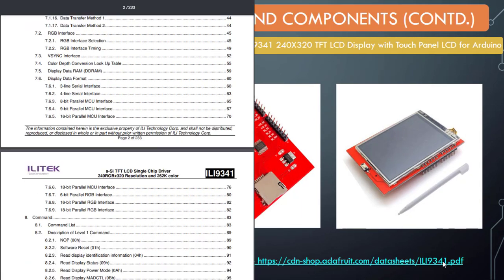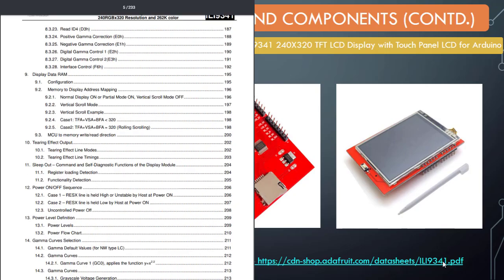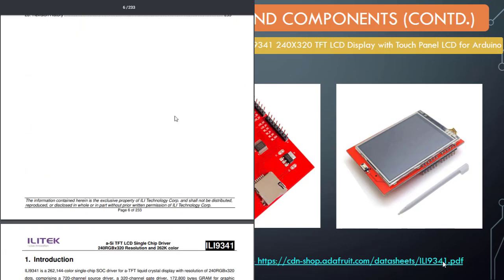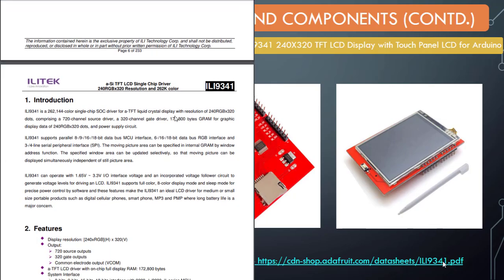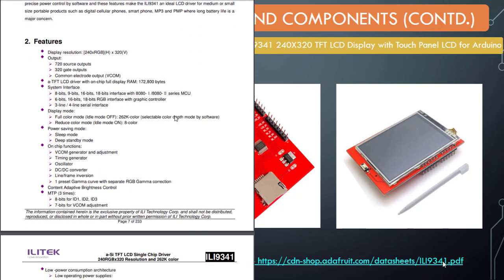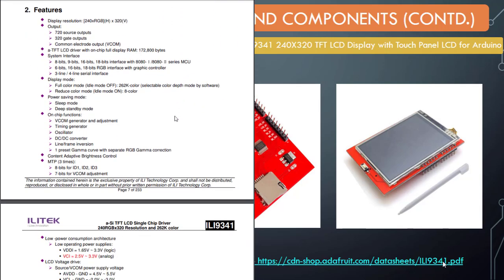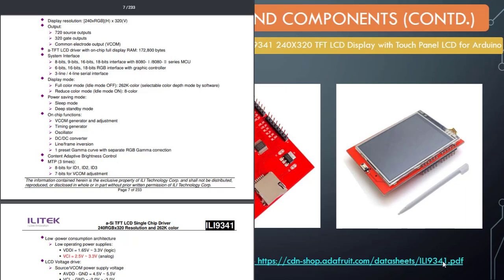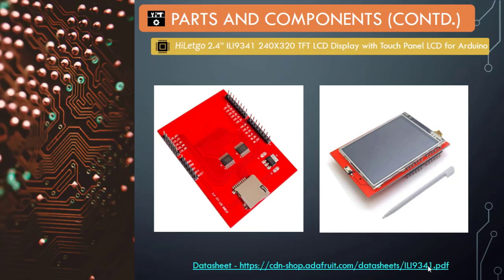It is comprised of a 720-channel source driver, 172,800 bytes GRAM for graphic display data of 240 by 320, and it has a power supply circuit. It can support 8-, 9-, 16-, 18-bit data bus microcontroller interface. It also has 6-, 16-, 18-bit data bus RGB interface, and 3- and 4-line serial peripheral interface.